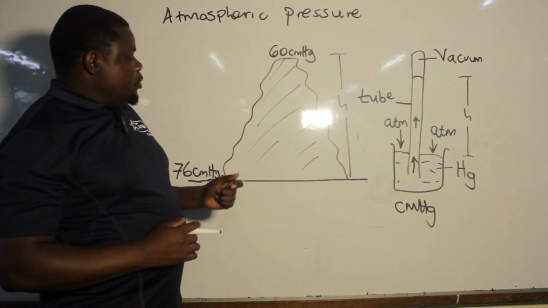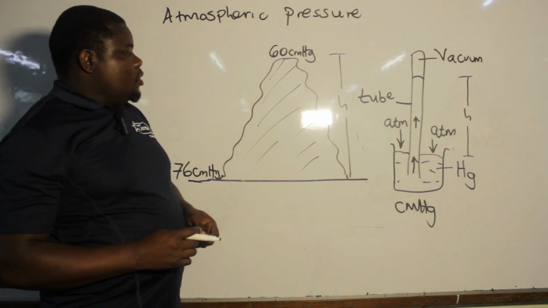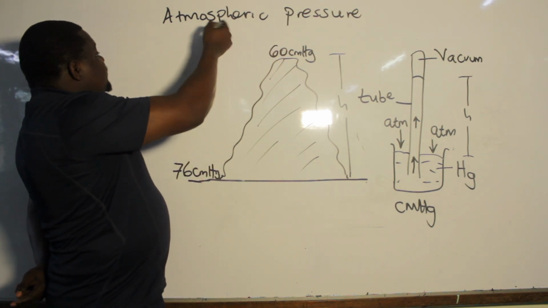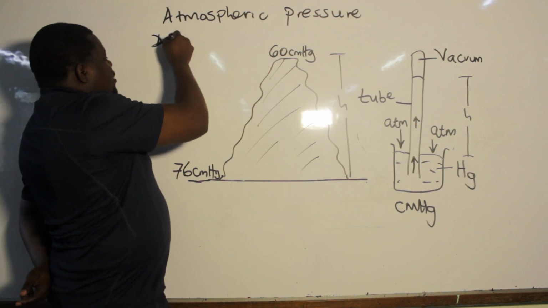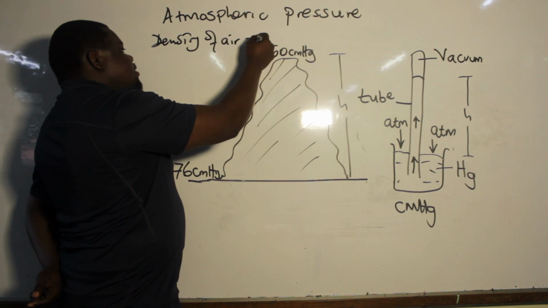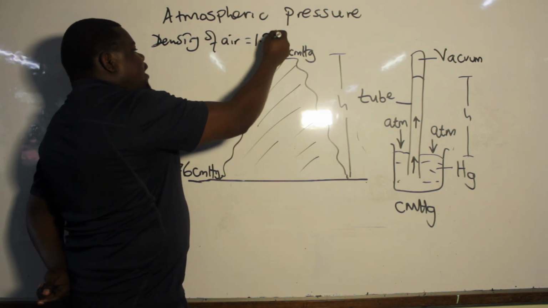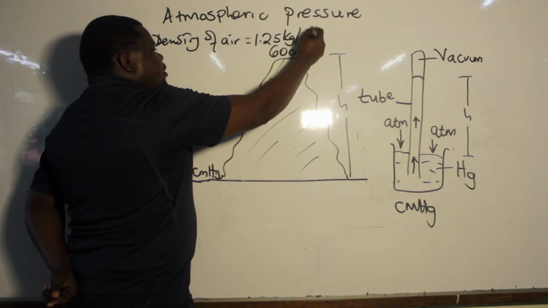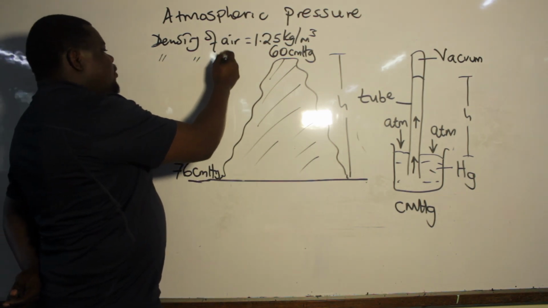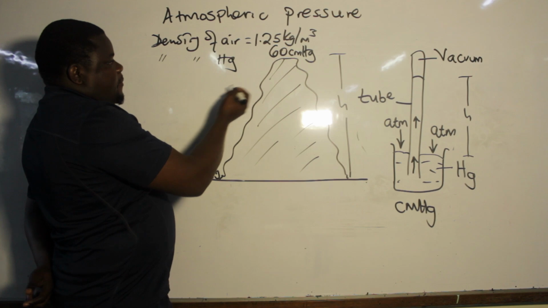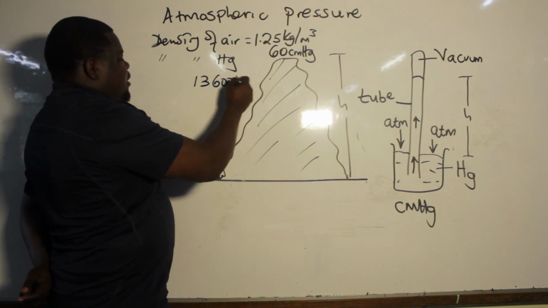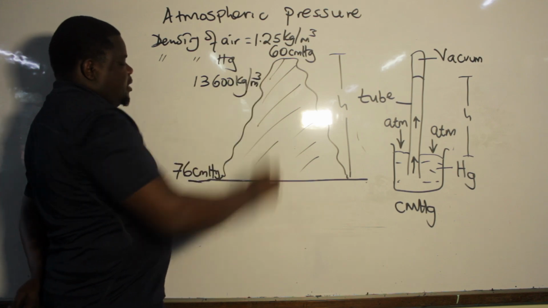First of all, before you find H, you're supposed to know what we call density. We need to know the density of air, which is always around 1.25 kilograms per cubic meter, and also the density of mercury, which is 13,600 kilograms per cubic meter.